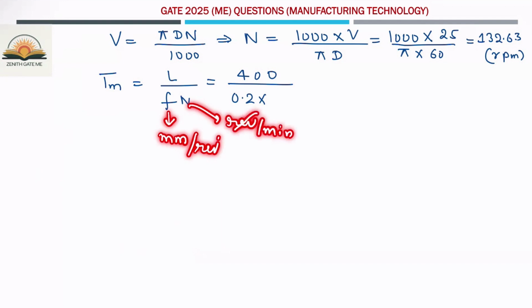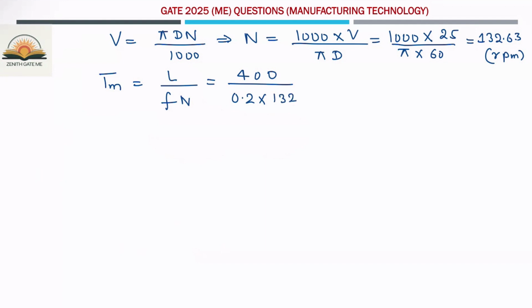So the revolution will cancel out. So you will get velocity as millimeter per minute. Okay, and the length is already given in millimeter. So you will get machining time in minutes only. So 400 divided by 0.2 times 132.63. Once you solve, you will get 15.08 minutes.